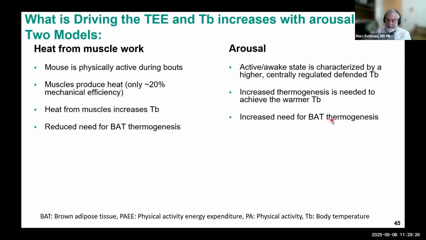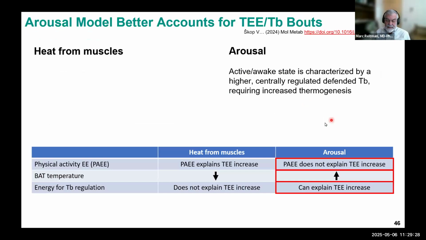And so we had 3 tests of this, and all 3 tests supported the arousal model rather than the heat from muscle work model. And those tests were, 1, measuring the actual cost of physical activity energy expenditure. We did this at a warm enough temperature that you weren't neutralizing cold-induced thermogenesis, and therefore you're really measuring the full effect of physical activity.